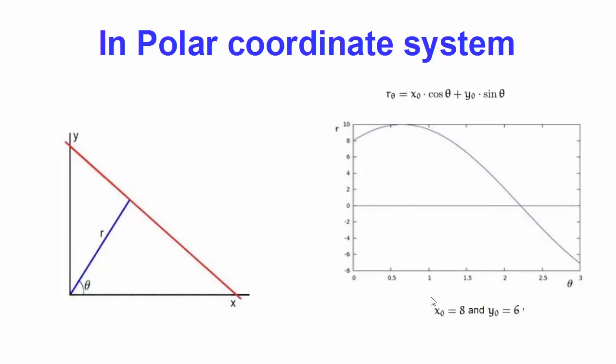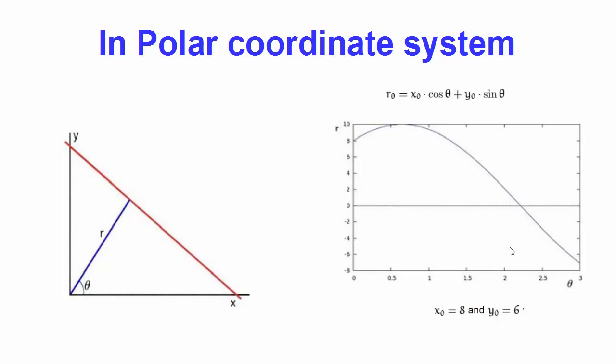We give the values of x0 and y0, which will be the first point. We can represent this point in the form of a line in the Hough space in this formation, which looks like a sine curve using this equation. So this is the representation of 1 point in xy space as a line in the Hough space.